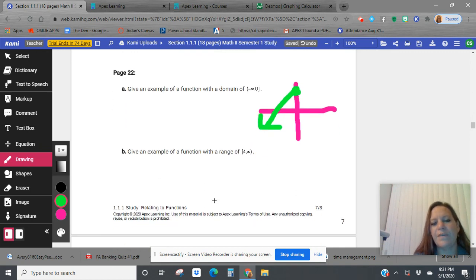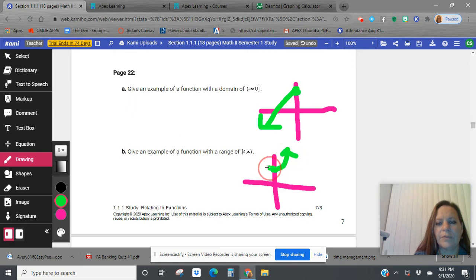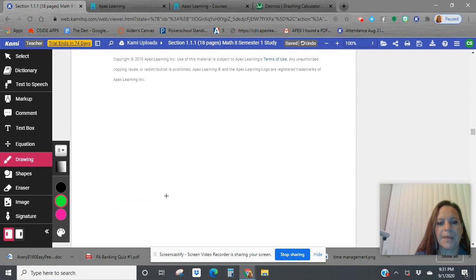Give an example of a function with a range from 4 to infinity. So let's say we begin at 4, and then we draw a parabola that goes forever up, something like that. And that's it.